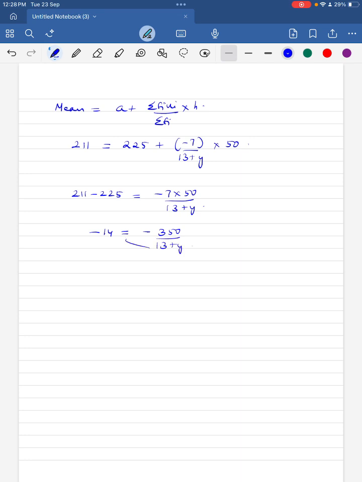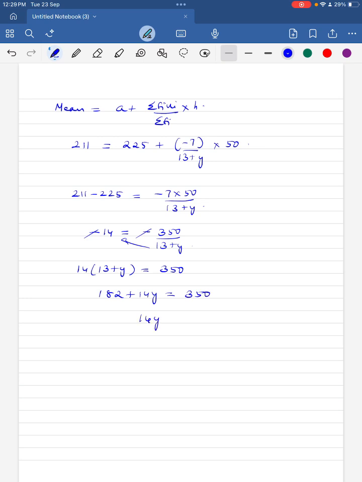Let me cross multiply. I'll get rid of the negative signs, because you have the negative sign on both sides. I'll just take it as 14 times 13 plus y is equal to 350. Now 14 times 13 is 182, plus 14y is equal to 350.